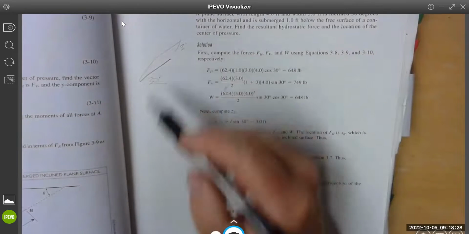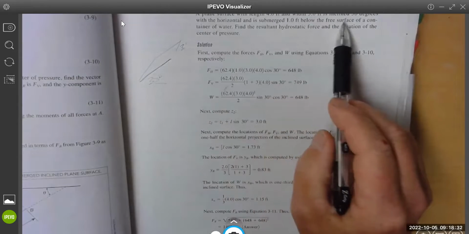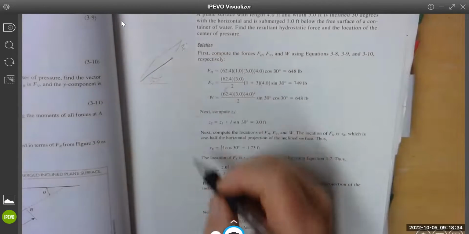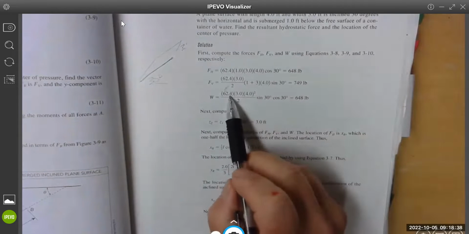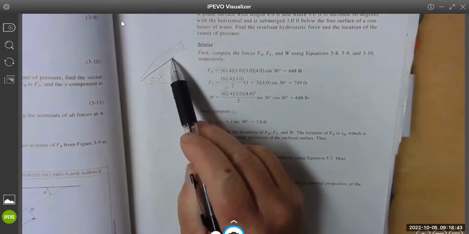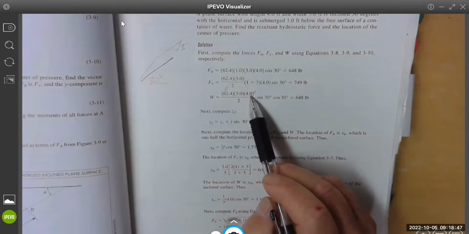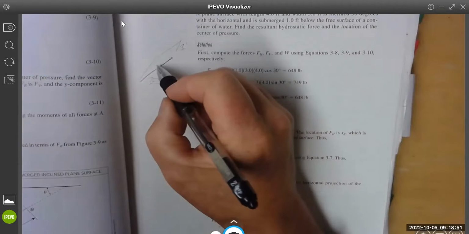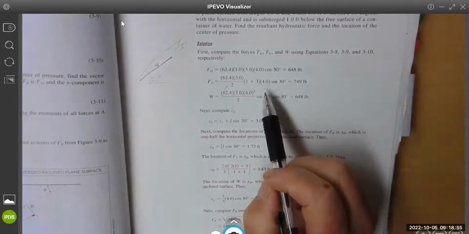So this is the shape they're doing. And that's 1 foot below. Find the result. So then W is 62.4. 3 is that distance. Four is this distance. I square it.